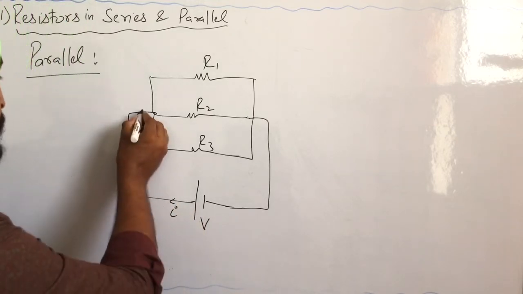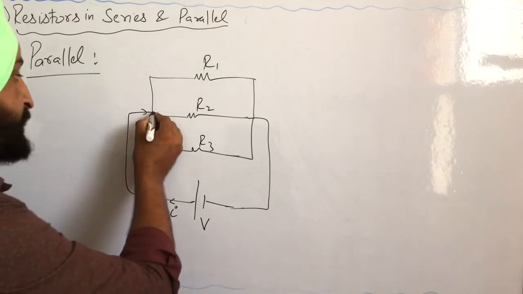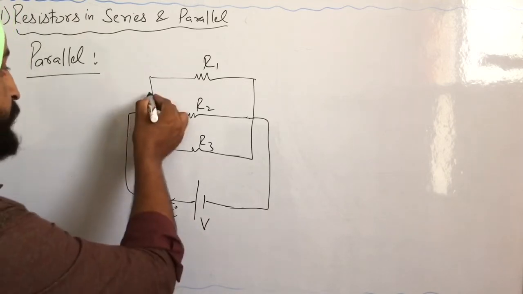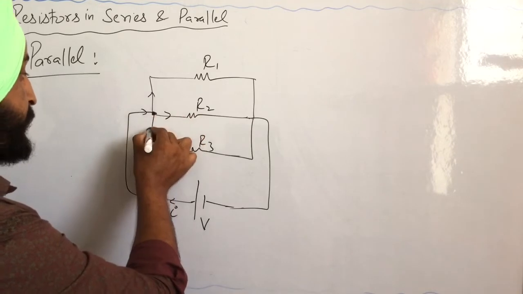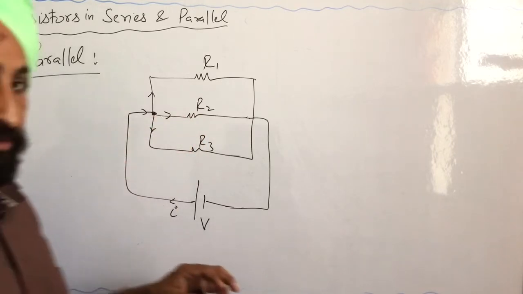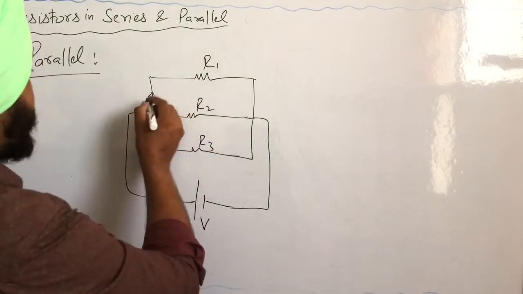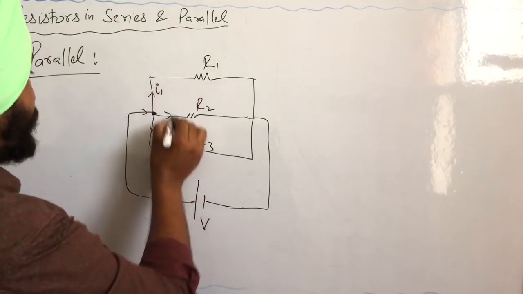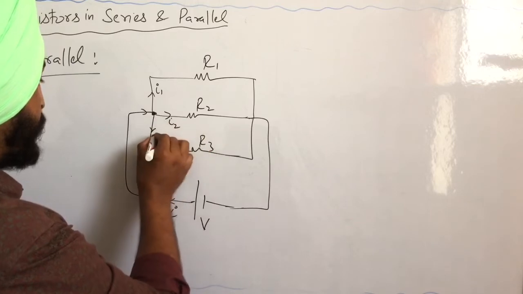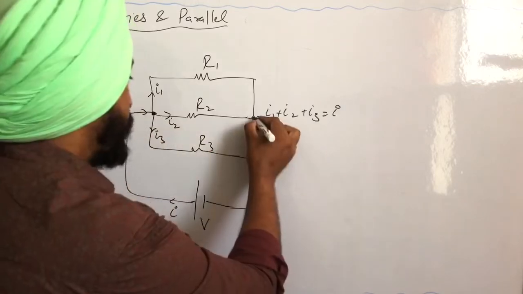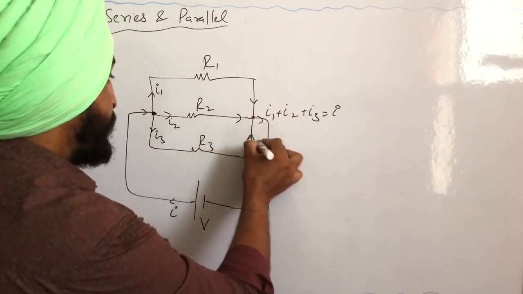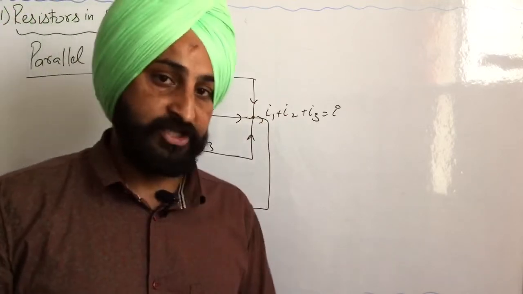This current will pass till there, but at this point we have three paths for the current. So the current will get divided into three parts and it will pass through these three arms. Let the current passing through the first arm be I1, in the second arm I2, and in the third arm I3. So at this junction all the currents will come from all directions.